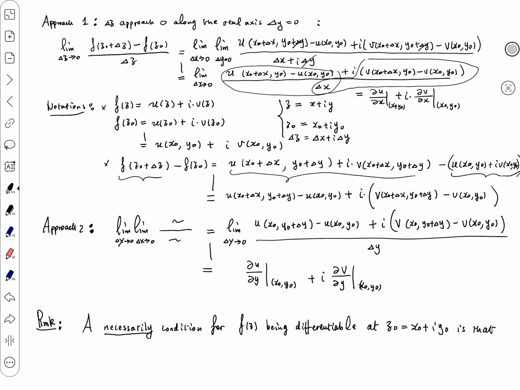That's not sufficient to say that all the different approaches have the same value, but it is necessary that for these two approaches, they must coincide, and this already tells you that because they are all real valued functions, you just compare the real part and the imaginary part in some sense, and you have to conclude that partial u, partial x at this point has to equal partial u, partial y.